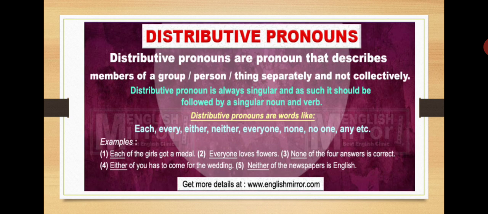For example, each, every, either, neither, everyone, none, no one, any, etc. Now examples: each of the girls got a medal. Either of you has to come for the wedding. Everyone loves flowers. None of the four answers is correct. Neither of the newspapers is in English. So this is all about the distributive pronouns.